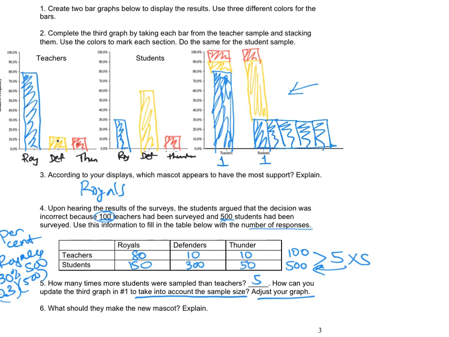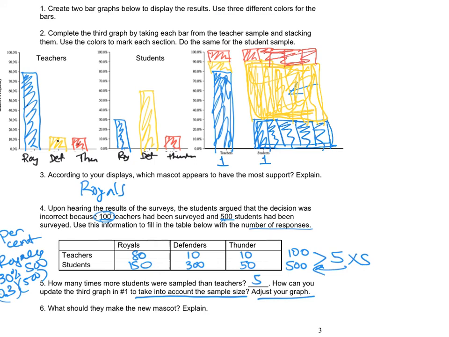That makes all of the students that wanted Royals. And then the defenders. Tack on 1, 2, 3, 4. That's a total of 5 now. This is how many students wanted defenders. And then the thunder, 1, 2, 3, 4.